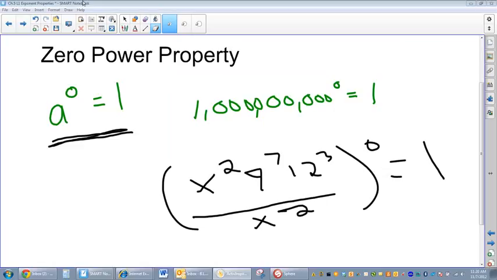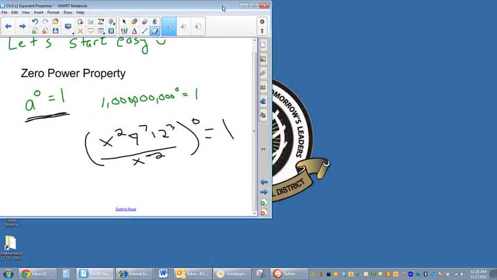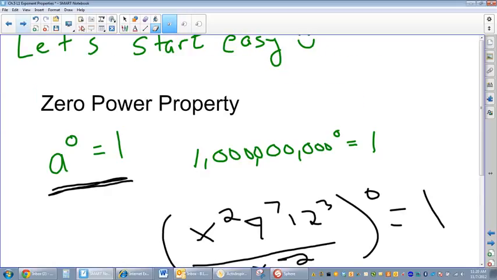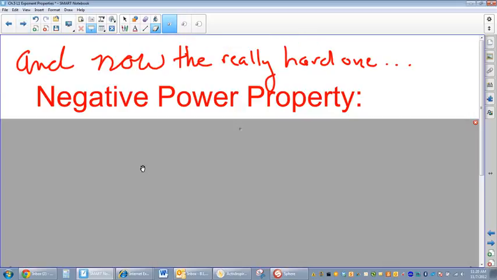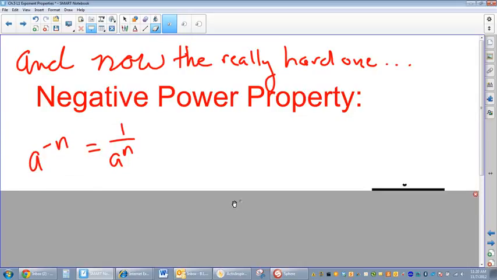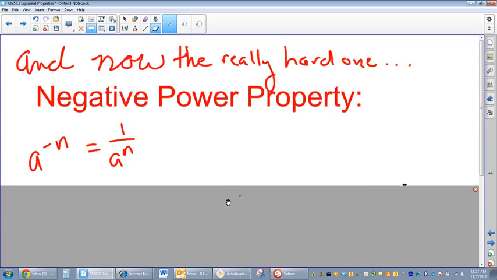All right. Now we're going to do the really hard one, the negative power property. The negative power property states that if you have anything to a negative power, here's what we're going to do.